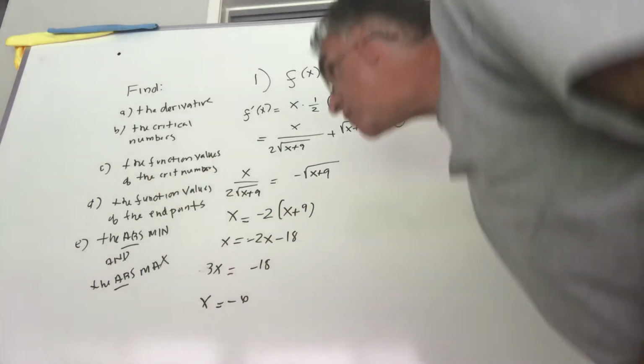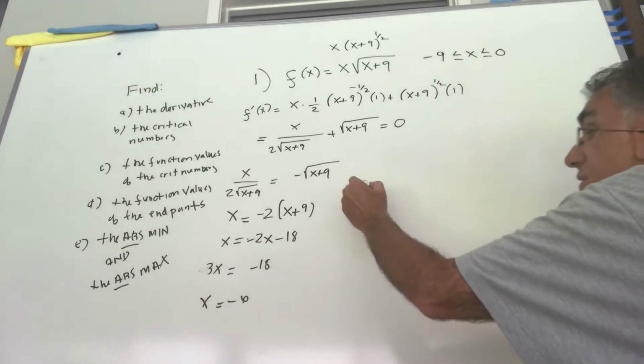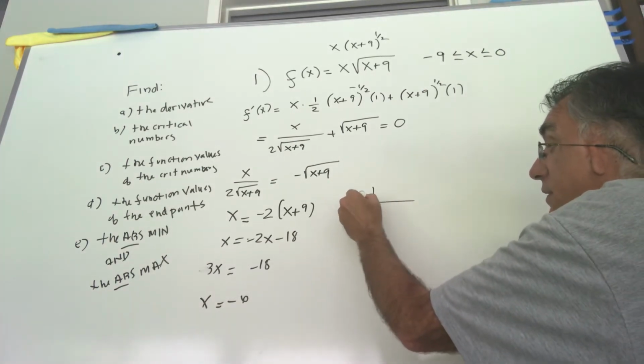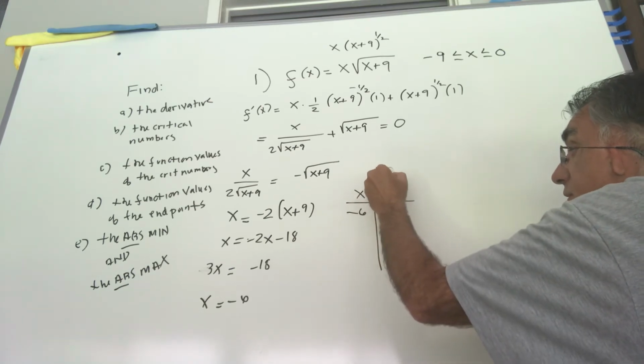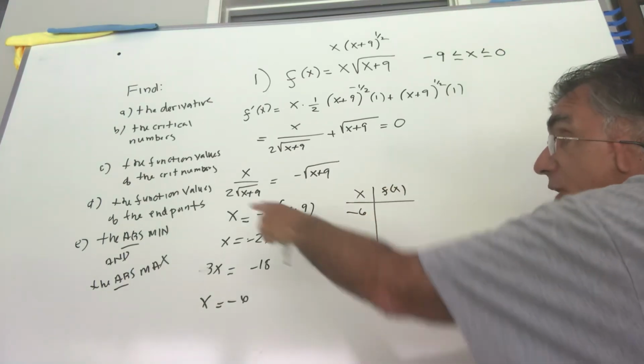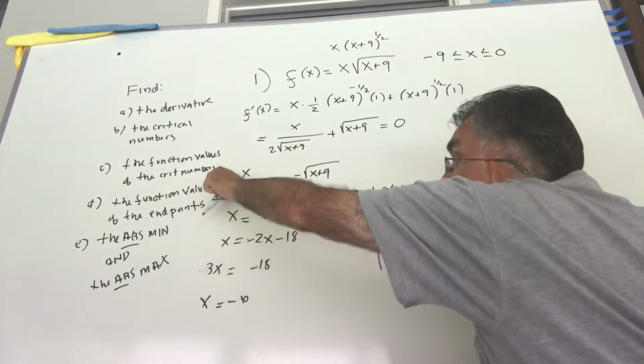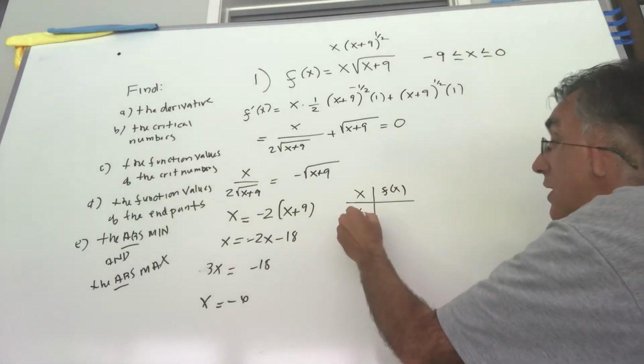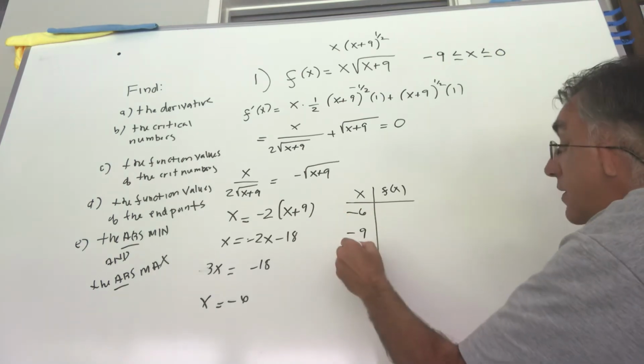So remember what we do now is we have to check the value of that critical number in the original function. I'm going to do step C and D at the same time here, but we want to check the endpoints as well.